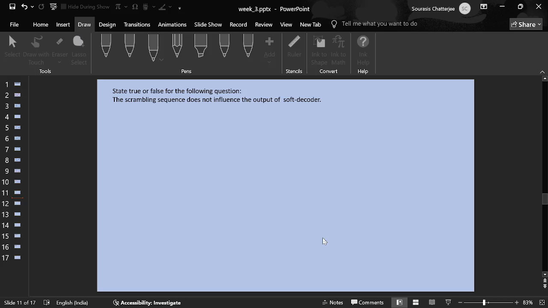At the receiver, whatever we receive, those real values only we consider for decoding. But in hard decoding, we threshold it. If it is above 0, give it +1, below 0, give it -1.